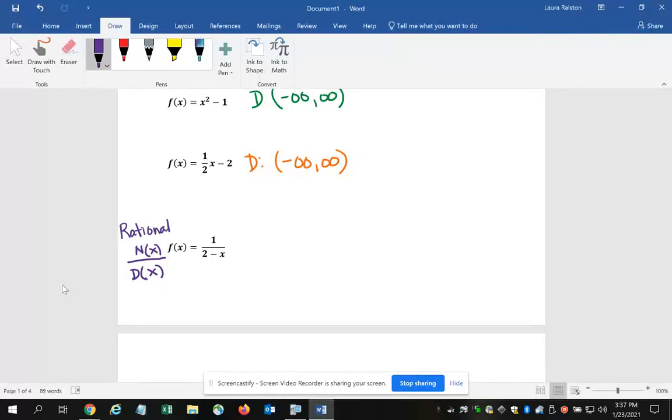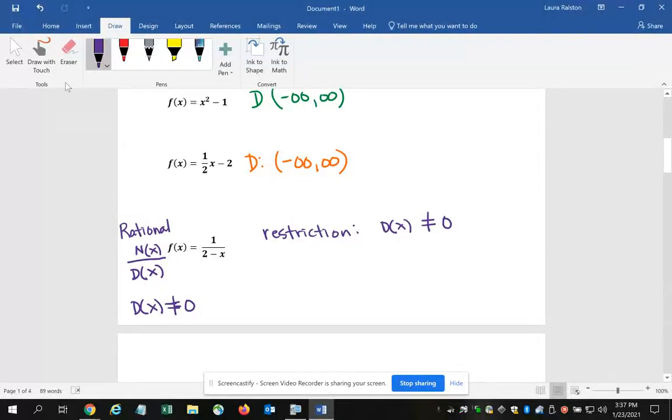Now, in the definition of a rational function, the denominator can never, ever equal 0 because division by 0 is not mathematically possible. So in this case, I know there's going to be a restriction. The way we determine what the restriction is, we take the denominator and say it cannot be 0.